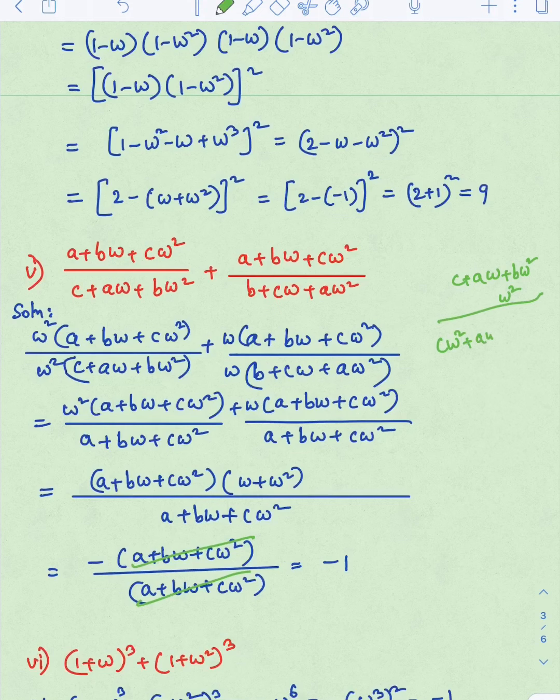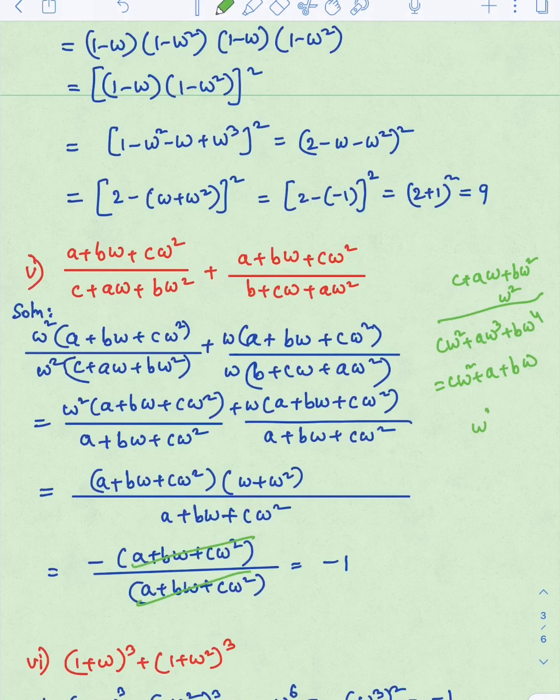Then what happened? c omega square, a omega cube, b omega power 4. Dear students, c omega square, a omega cube, b omega power 4. This is same. Omega cube is 1.